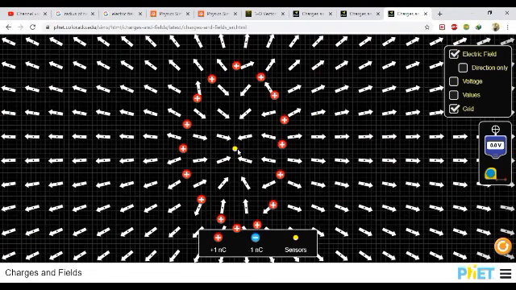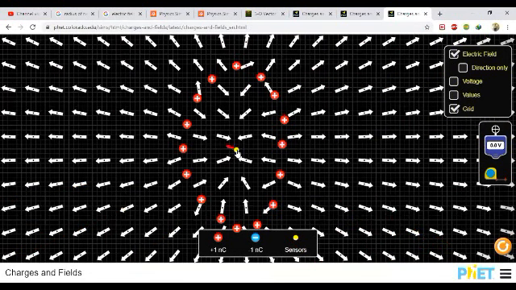This is the electric field due to a uniformly charged ring at the center. If you move this particle from here to somewhere else, it will experience an electric field. At every point it is going to experience the electric field except at the center.